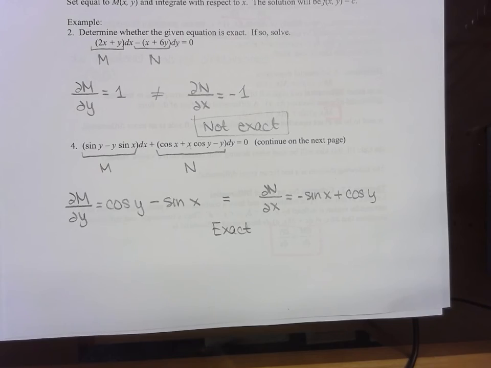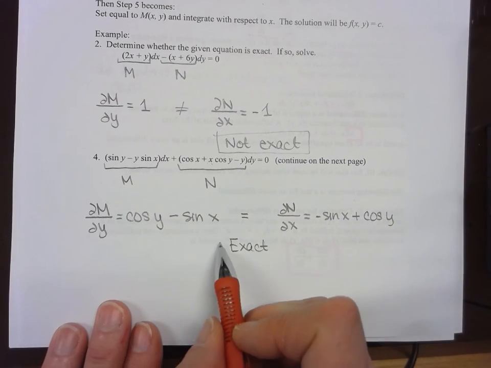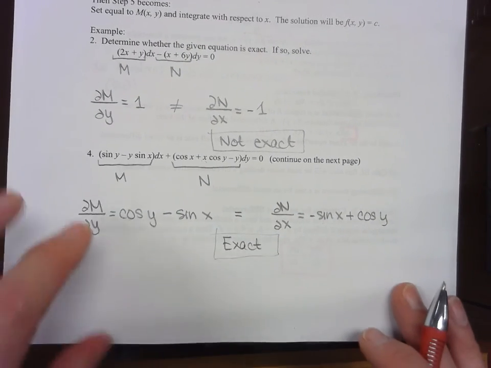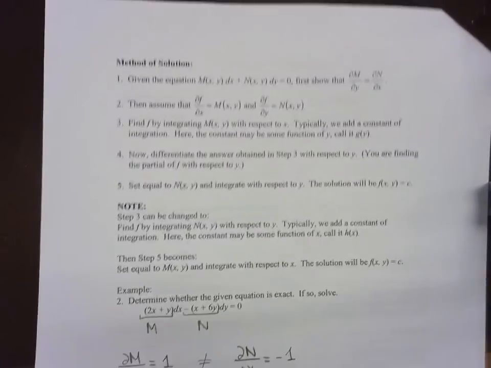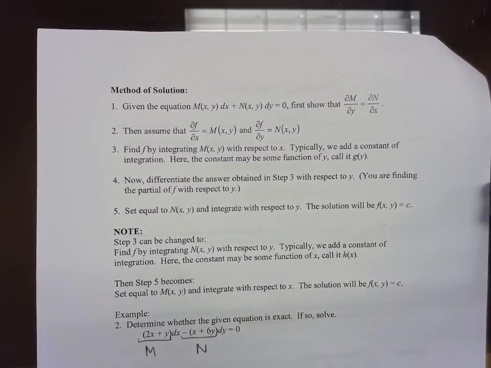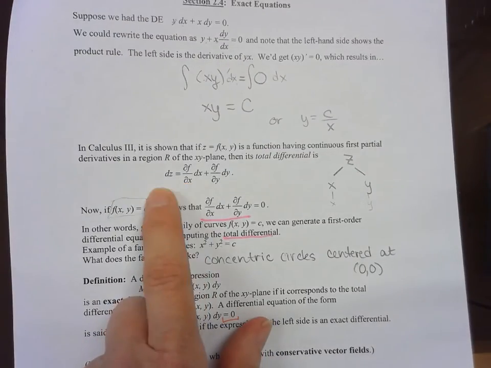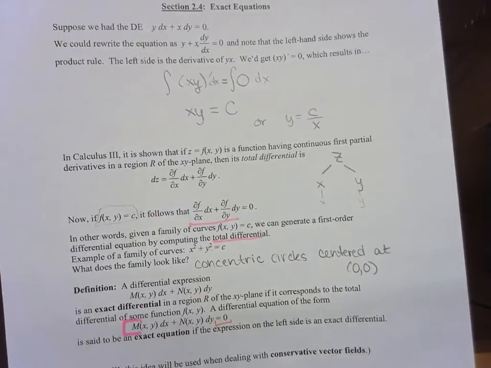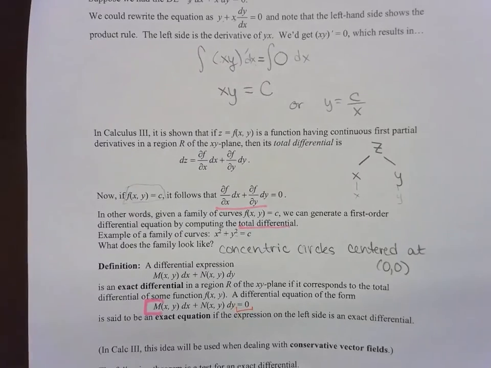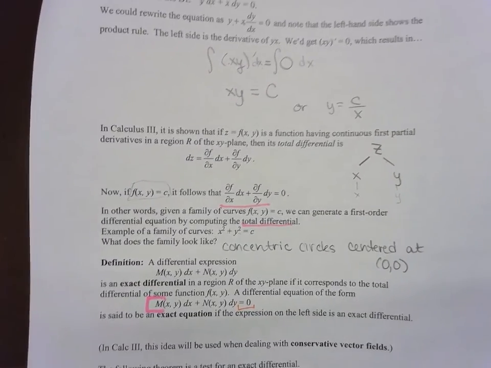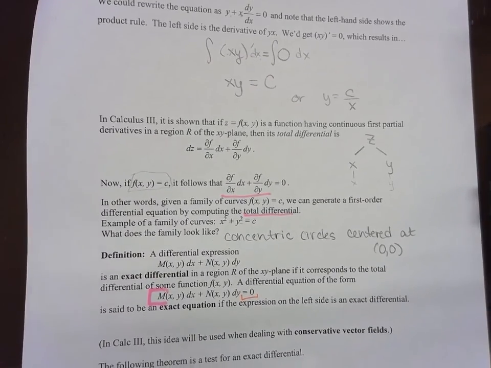Okay, and it says if it is exact, we're supposed to solve. So let's go and look at step 2. Since it's exact, we know the left-hand side is the total differential of some function f.